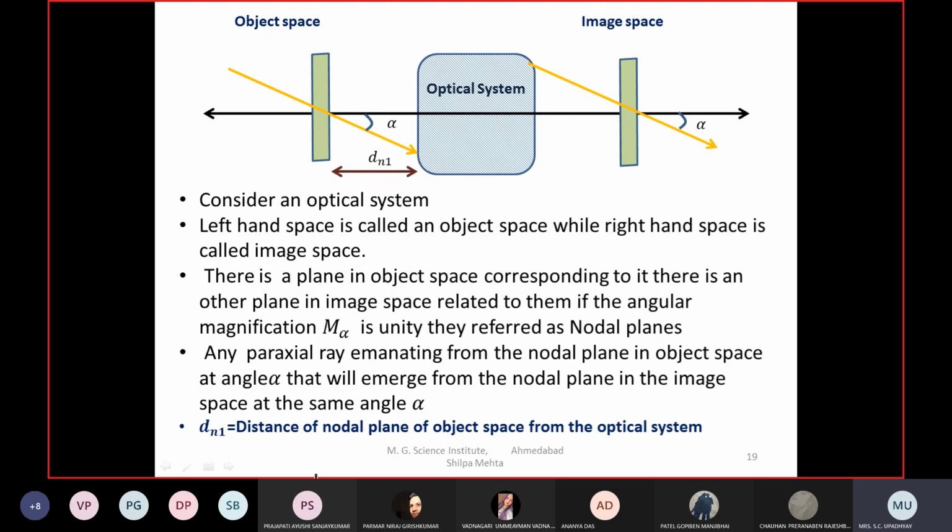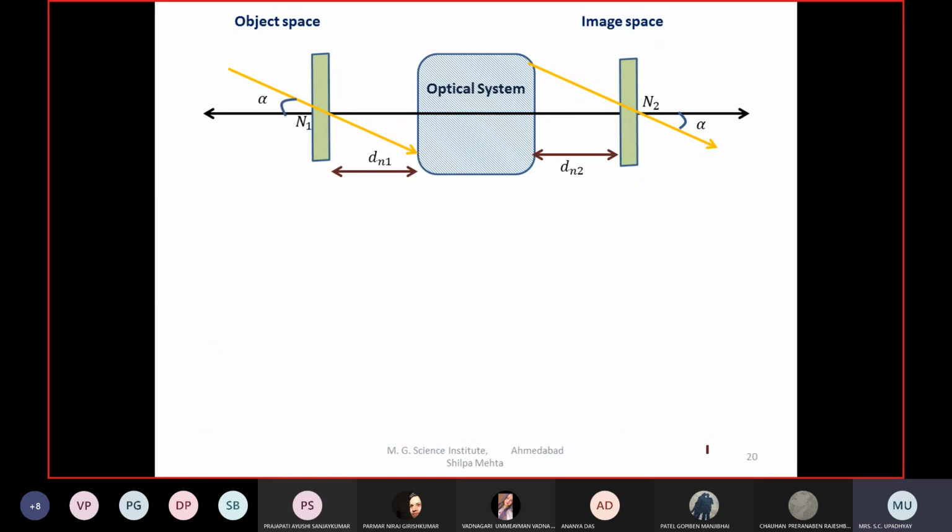Let us assume that the distance of the nodal plane in object space from the optical system is dn1, and similarly dn2 is the distance of the nodal plane of image space from the optical system. So now we want to find out the values of dn1 and dn2.